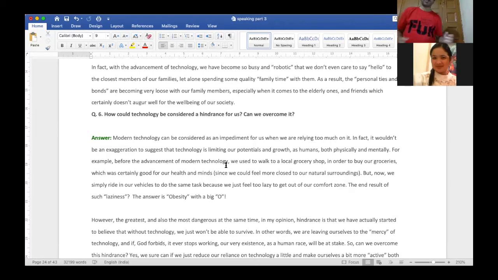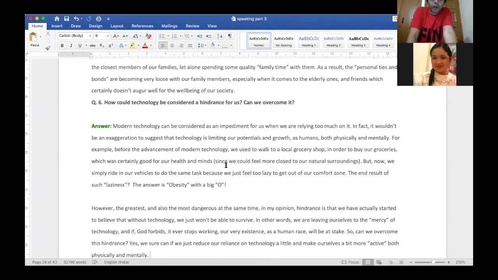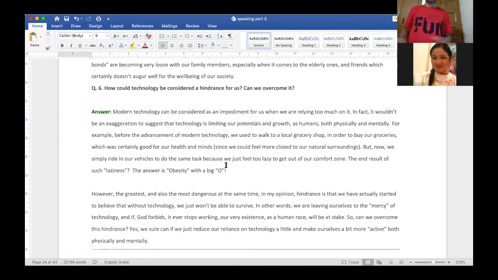Even if we had to buy our groceries, we used to go to the grocery shop. That was pretty good for our fitness and minds because we were close to natural surroundings. But now we ride our cars for the same task because we don't want to get out of our comfort zone. So what happens? We become obese.